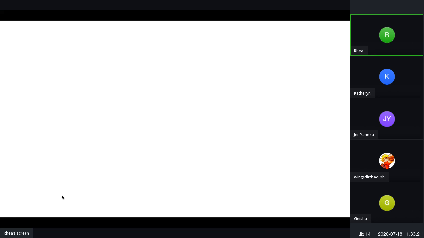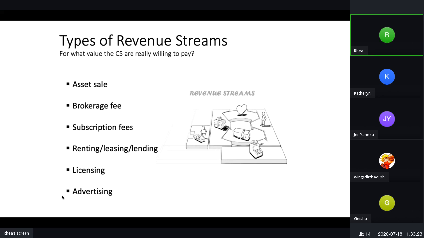There's none. So Facebook's revenue stream is, of course, advertising. If you have a business page on Facebook, and you want more people to like your page or see your post, then you can opt to buy some ads on Facebook. So that is what we call advertising.